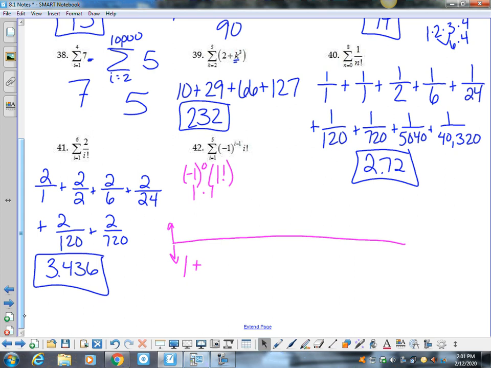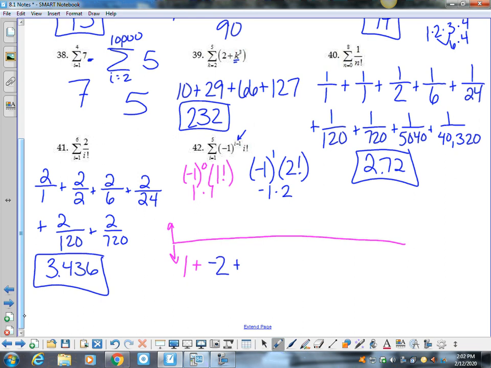All right, now I'm going to plug in a 2. So negative 1 to the 2 minus 1, which is 1, 2 factorial. So negative 1 to the first is negative 1, 2 factorial is 2, so negative 2.